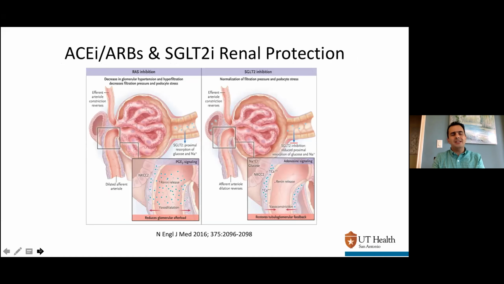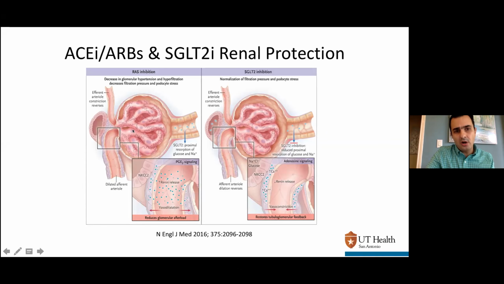So how do we protect the kidney? By giving ACE, ARB, and SGLT2. I'm going to take two slides here. On the left side, I'm giving a patient RAS inhibition. As we said, there's a dilatation of the afferent arteriole in patients with diabetes, creating more pressure in the glomerulus.